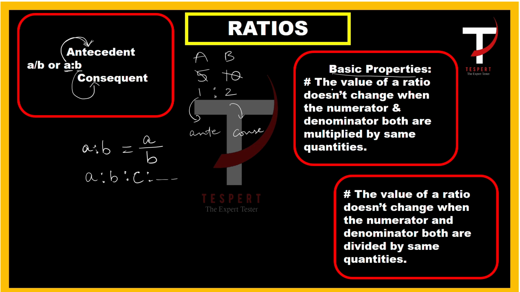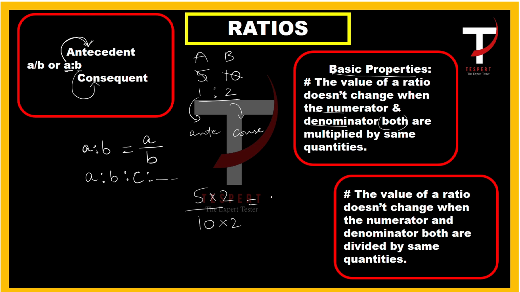We will look into some basic properties of ratios and then we will move to proportions. The value of a ratio doesn't change when the numerator and denominator are both multiplied by the same quantity. Let's take this example: 5 by 10 is the ratio. Let's say we multiply the numerator by 2 and the denominator by 2.